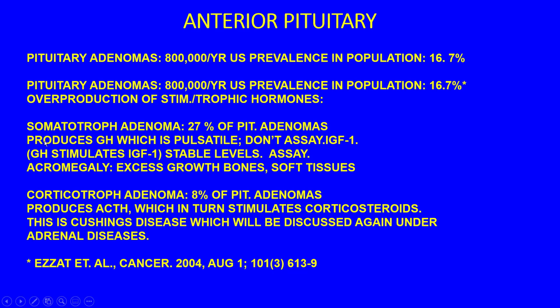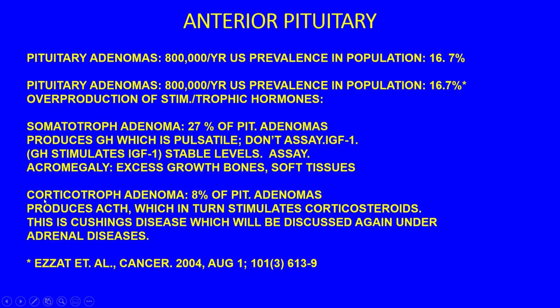The most common is the somatotroph adenoma. 27% of these pituitary adenomas will produce growth hormone, which is normally pulsatile. You can't really assay it. You can assay IGF-1 and then compare it to stable levels, etc. You're going to look at acromegaly, excessive growth of bones and soft tissues.